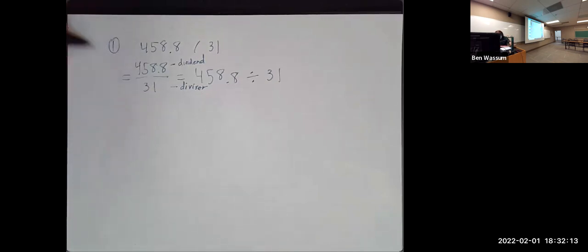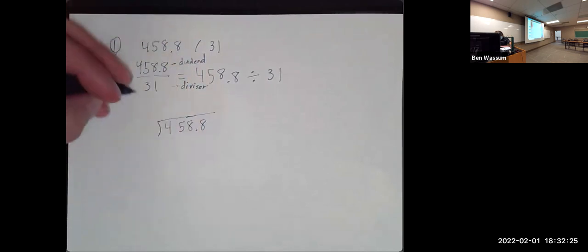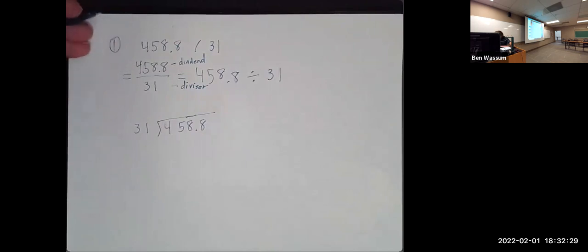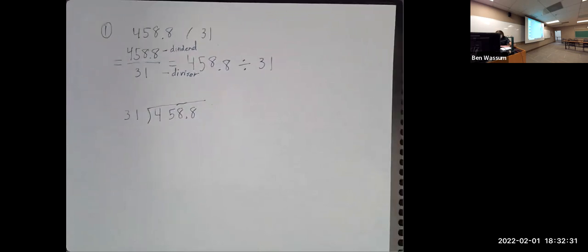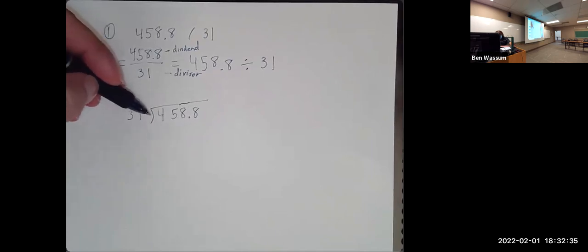So like any long division problem, we're going to put the dividend under this symbol and the divisor on the outside. And the funny part is I actually Googled it because I was curious whether there was a fancy word for it. You know what this symbol is called?